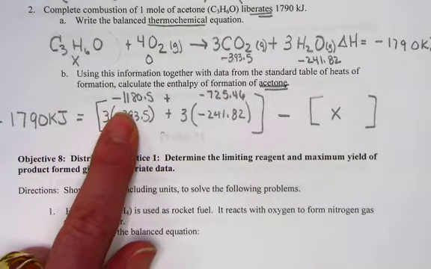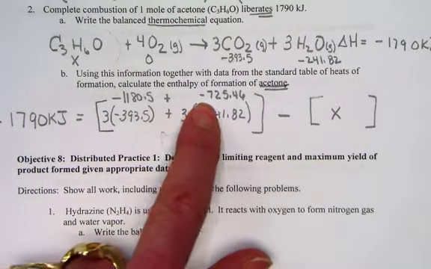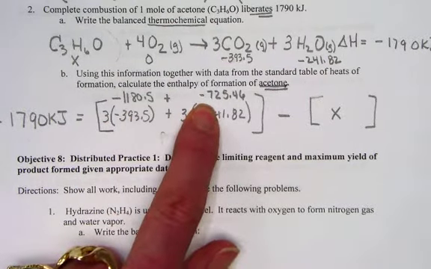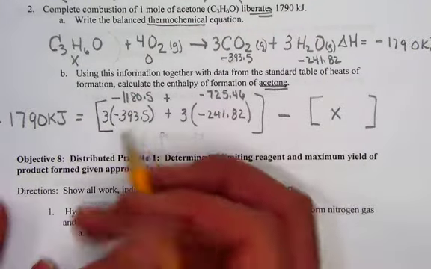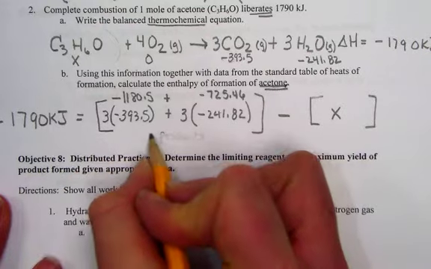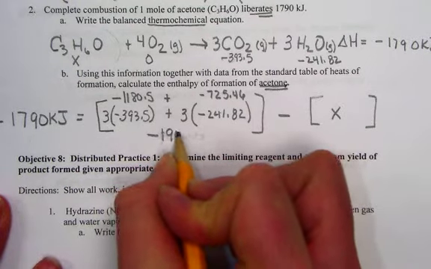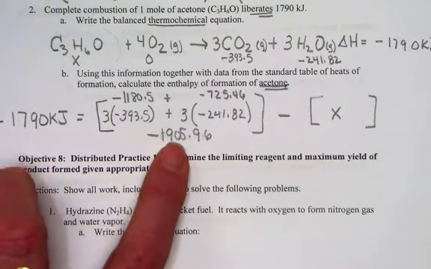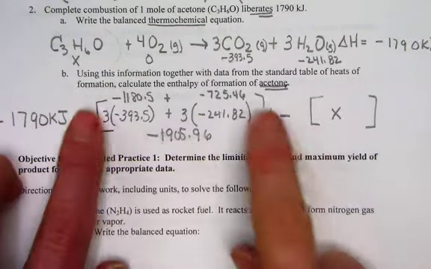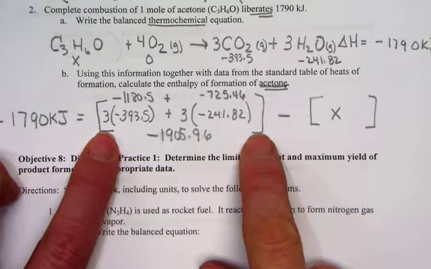Negative 1180.5 plus negative 725.46 equals. I find negative 1905.96. 1905.96 is the simplified algebra inside this bracket.